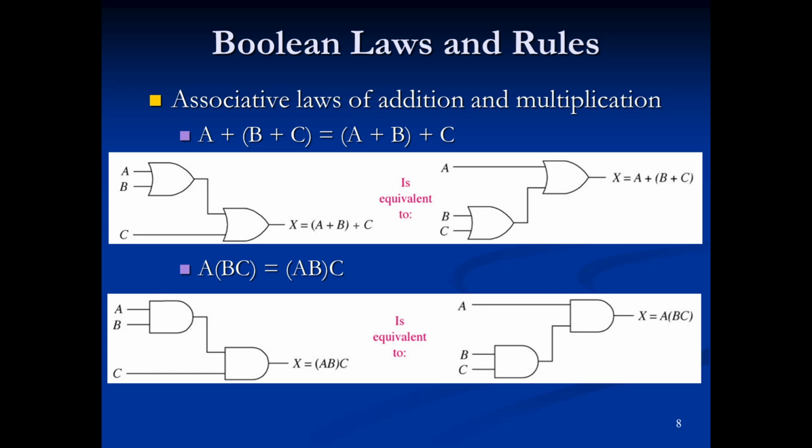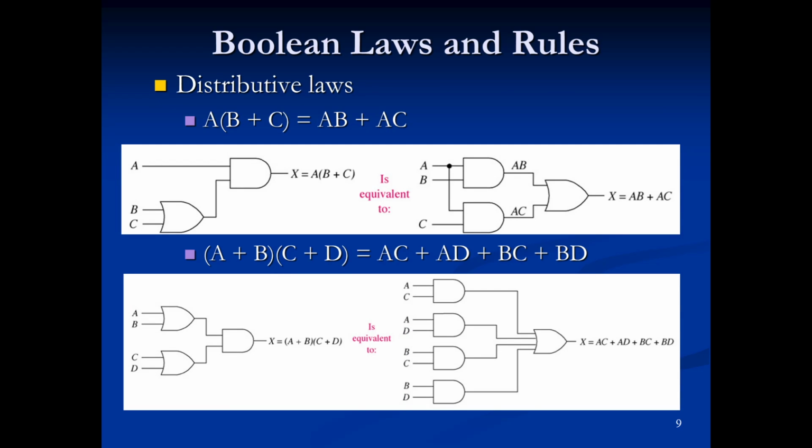In the top case, we can OR B and C first and then OR that result with A, or we can OR A with B first and then OR that with C. In the second example, with the AND gates, we can AND B and C first and then AND it with A, or we can AND A and B first and then AND that with C. Doesn't matter, they're equivalent.